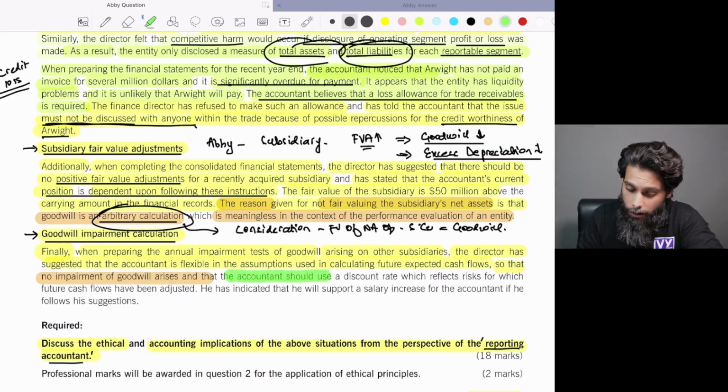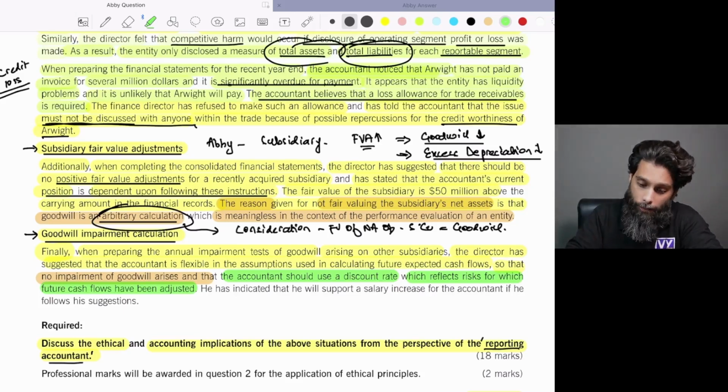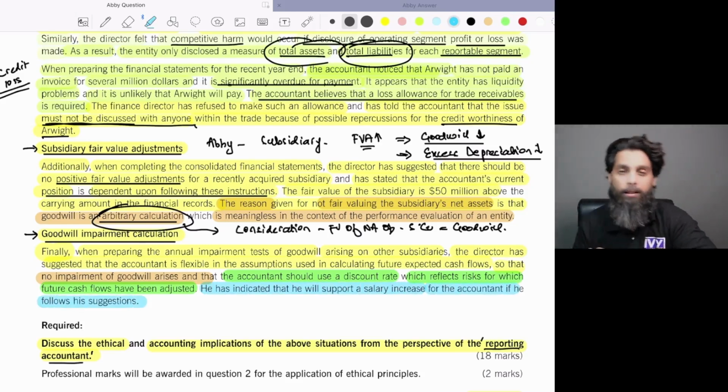And the accountant should use a discount rate which reflects risks for which future cash flows have already been adjusted. He has indicated that he will support a salary increase for the accountant if he follows his suggestions.